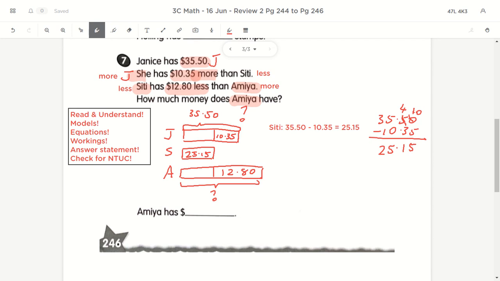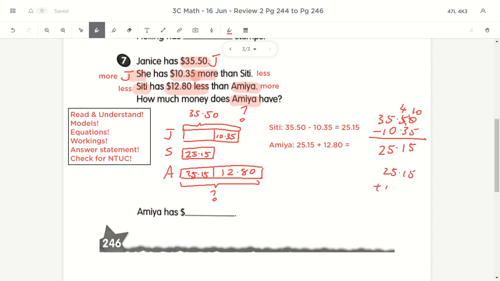If this is $25.15, this part will also be $25.15. You have this part, you have this part. All you do is add it up. It's quite simple. So let's continue. To find Amia, all you need to do is use $25.15, add $12.80, and that will give you the answer. Let's work it out. I have $25.15.